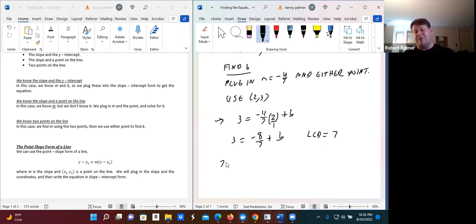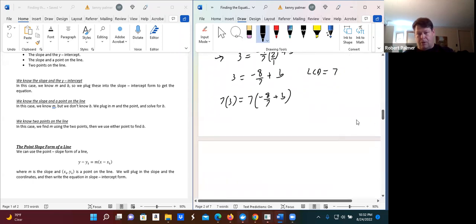Multiply both sides by 7. This works just like the last one. Okay, 7 times 3 is 21.